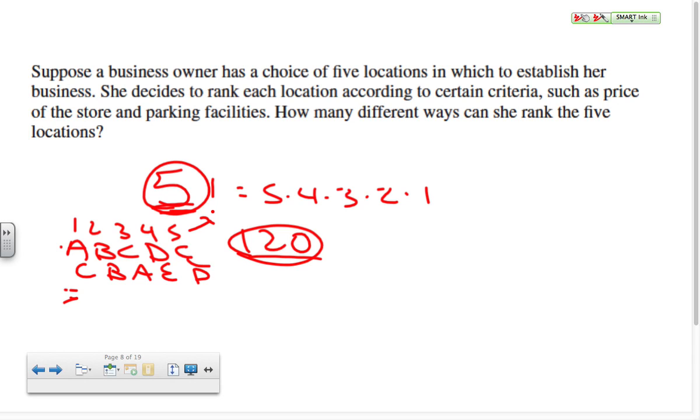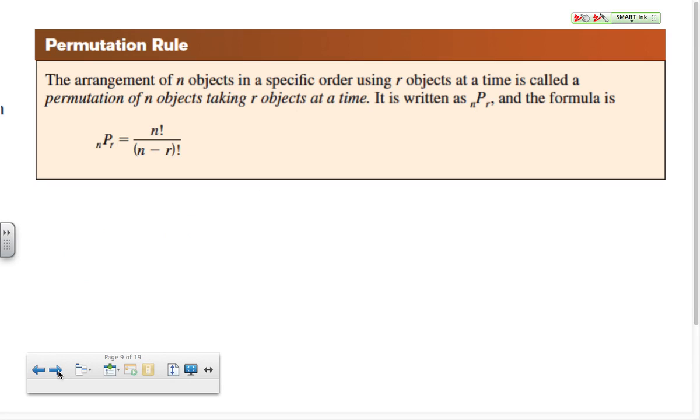Okay, next one. This right here is a P, which stands for permutation. Let's use this example of 5. If I have 5 stores that I'm choosing from, and I want to rank 3 of them, that's 5P3. This is important because you have a calculator that will calculate it for you automatically, but I'm going to show you the formula.